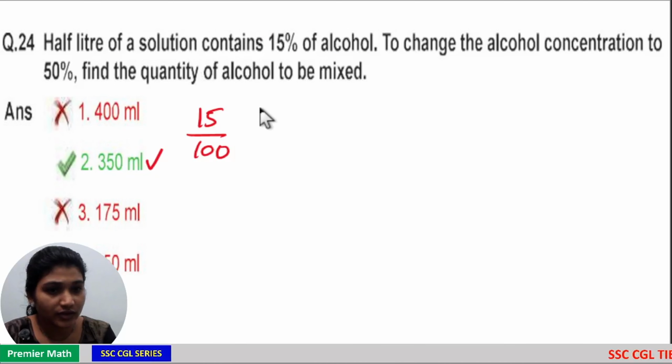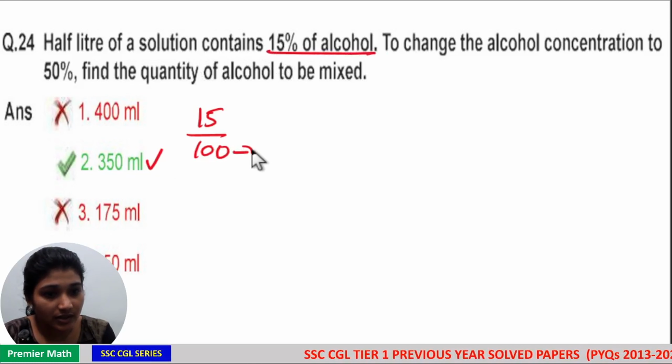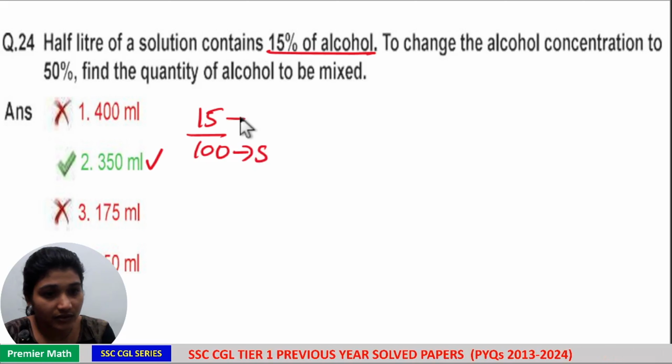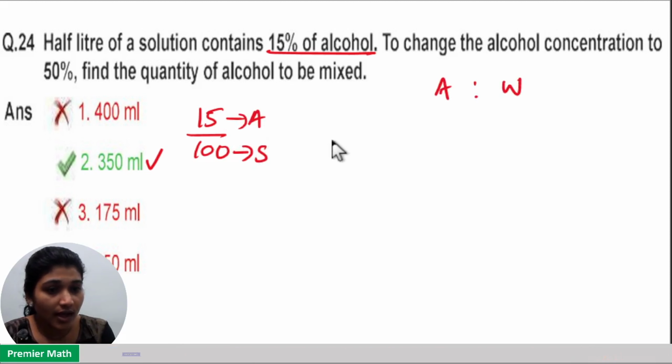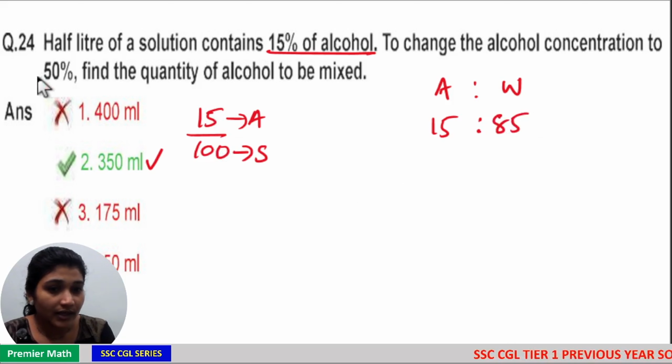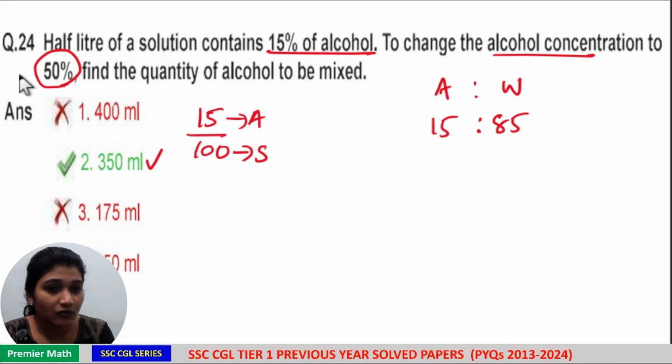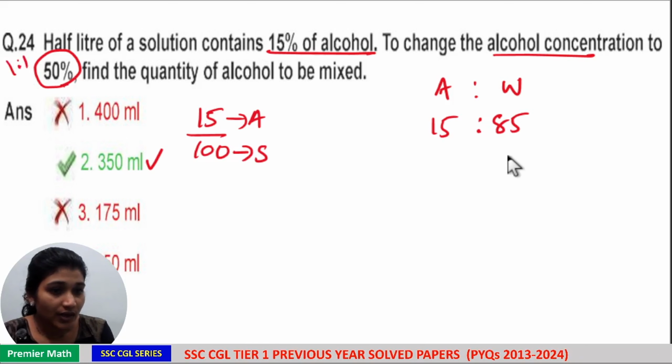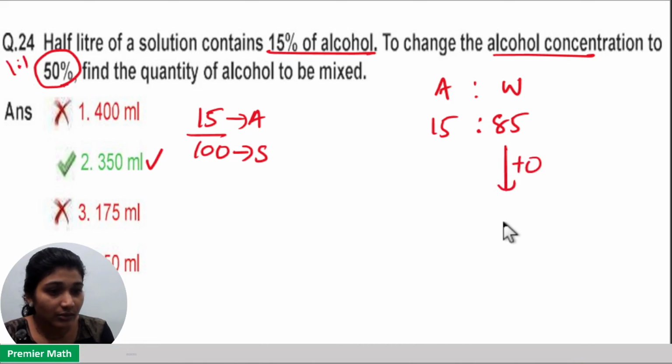Or if you want to calculate using percentage, here 15% alcohol means if 100 part is the solution, then 15 part is the alcohol. Now if you take alcohol and water ratio, alcohol is 15 part, then water part is 100 minus 15, 85 part. Now in the final solution we need 50% alcohol concentration, which means 1 is to 1 ratio. So here water part adding is 0, means 85 part should be the water in the final solution.